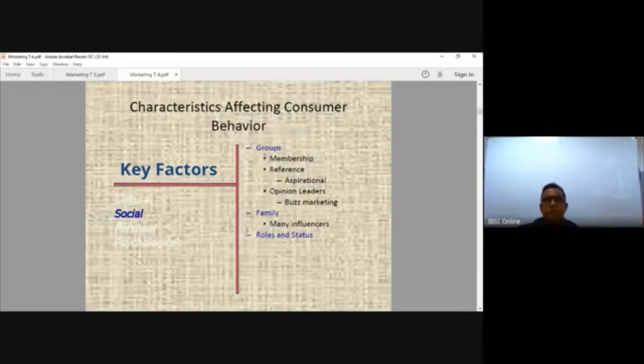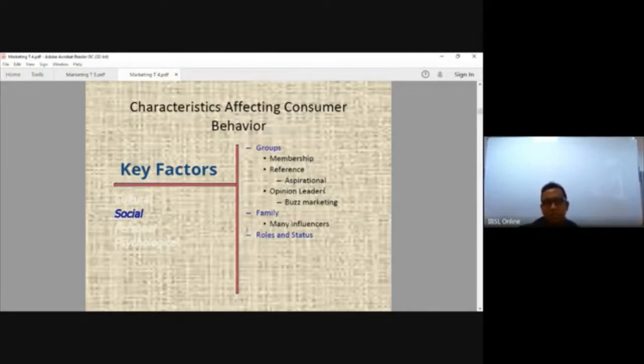So we are in different professional membership groups, and depending on your position in the society, your family members can influence your buying behavior, and your role and status means your position in the society.